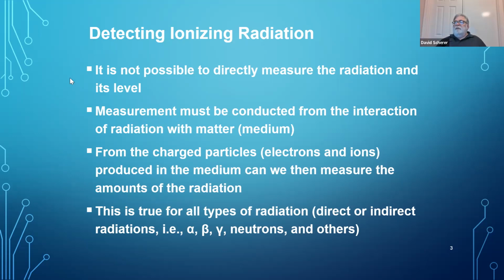So in a way, it's kind of indirect, but it's based on all the physics we've learned about how radiation interacts with matter. This is true whether it's alpha particles or electrons or photons or anything. For all these different kinds of radiation, we have to convert them into a charge that can be detected with electronic equipment.